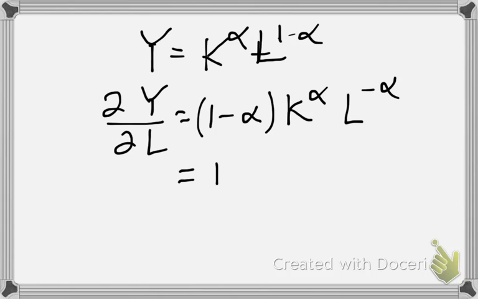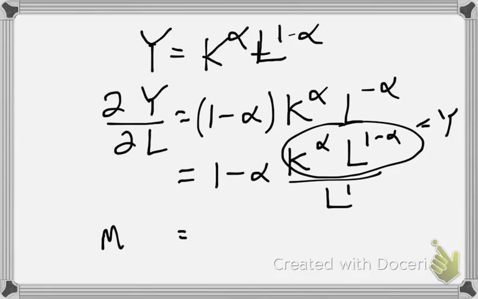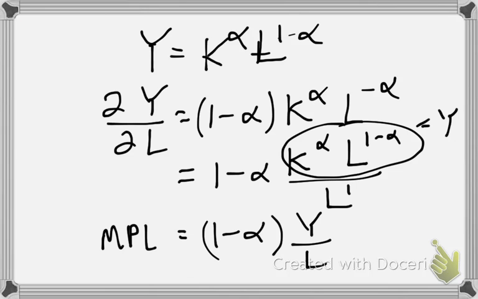That's equal to 1 minus alpha times k to the alpha, and now let's multiply and divide by l to the 1, so we have l to the 1 minus alpha divided by l to the 1. So now we're back exactly where we were, analogous to the capital situation. This is all equal to y, so we have the marginal product of labor equals 1 minus alpha times the output per worker.